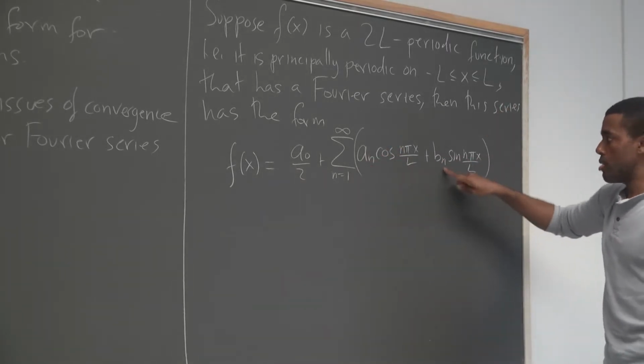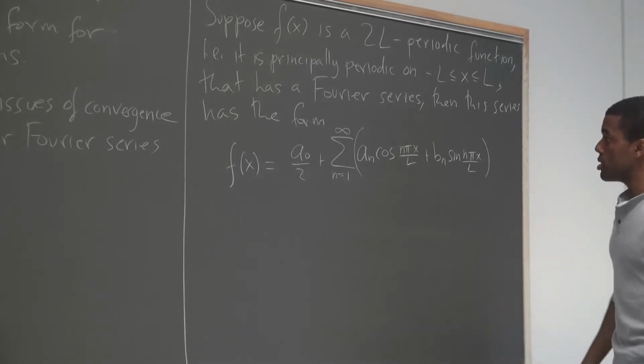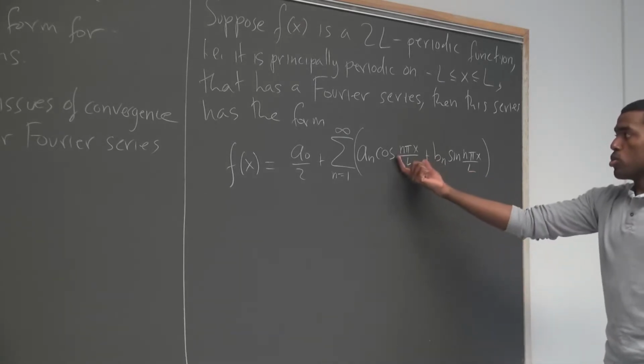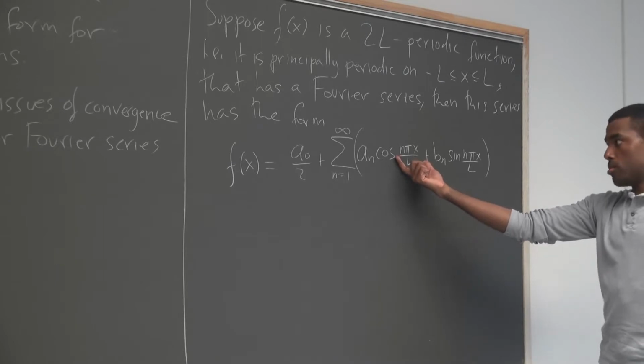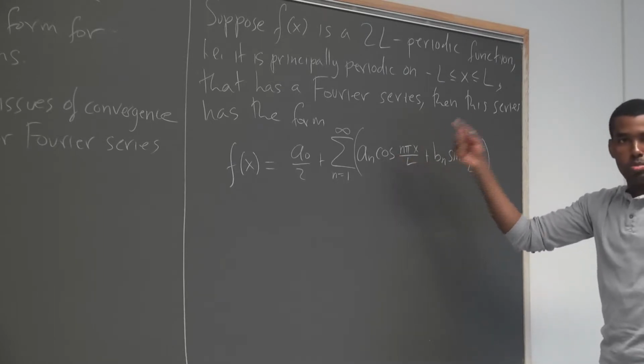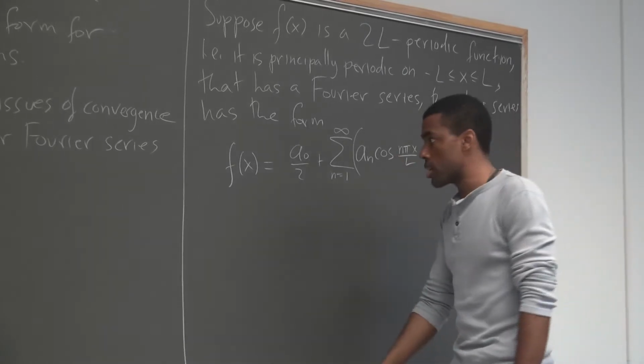The coefficients we're going to have to figure out. And these are functions whose period would be 2L. Right? Back in pre-calc, you learned how to find the period of a random cosine or sine function.